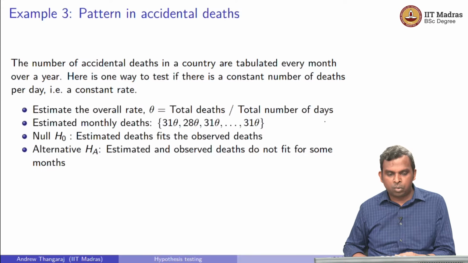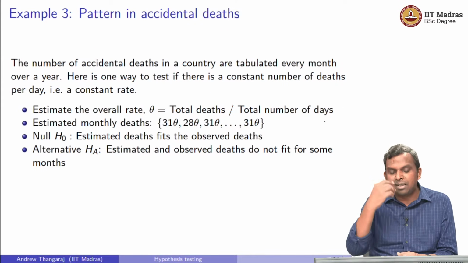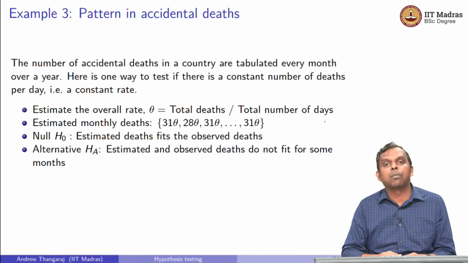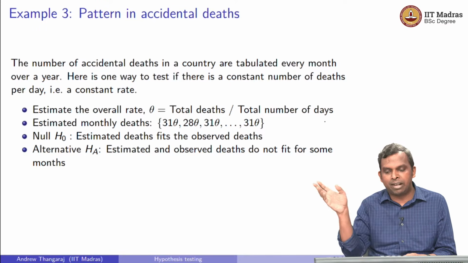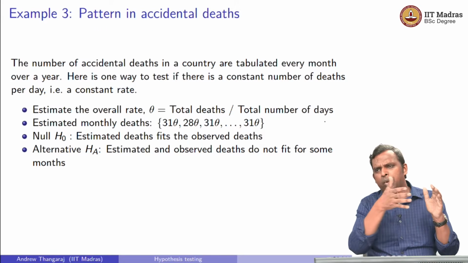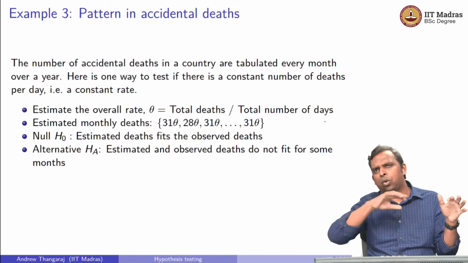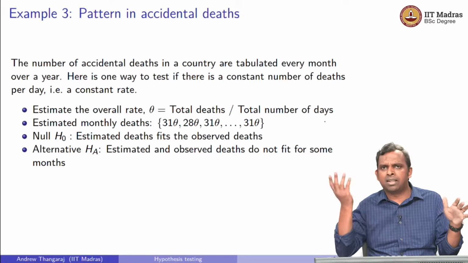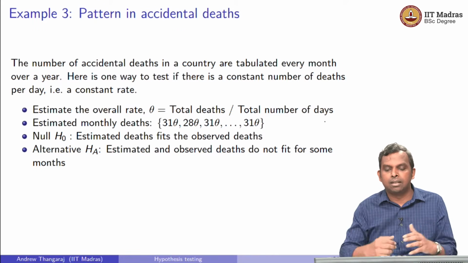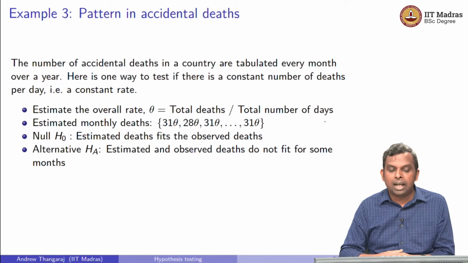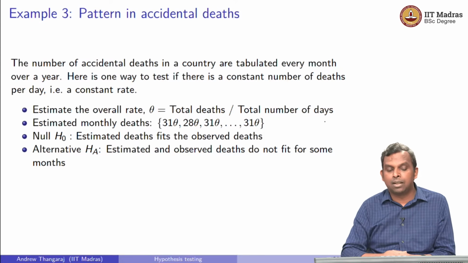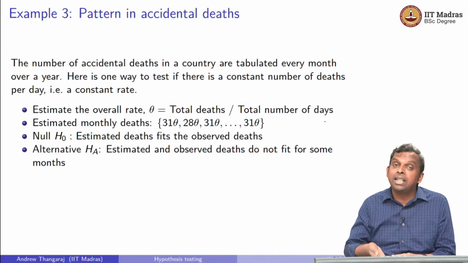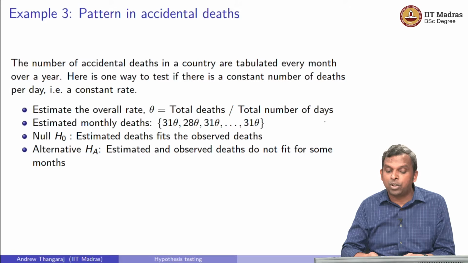So you may want to estimate some overall rate as theta, which is the total deaths divided by total number of days. Maybe you monitor this over a year. Over the entire year, the total number of accident deaths in the year divided by 365 will be your overall rate. And then once you have a rate like this, what should be the estimated monthly deaths because of accidents?